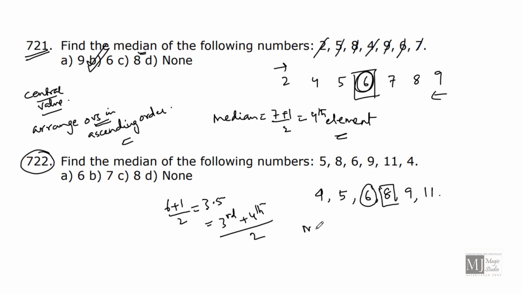Now median would be 6 plus 8 by 2, that is 14 by 2, 7. This we have calculated from left to right. You can also calculate from right to left. You will end up getting the same result. 1, 2, 3, the third observation is 8 and the fourth observation is 6. That will also give us 7.